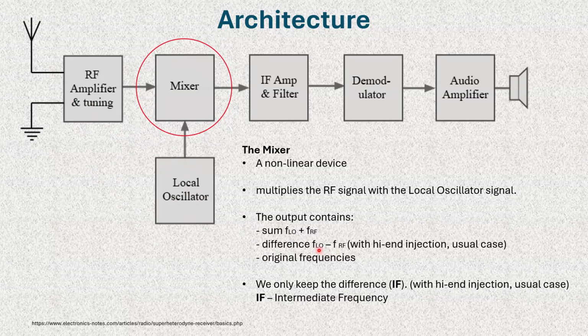Here's the LO frequency, and here's the RF frequency with something that's called a high-end injection, which is the usual case. In order for us to translate this kind of carrier into something else, into another carrier, whatever the carrier is, we want to convert that into one type of carrier.